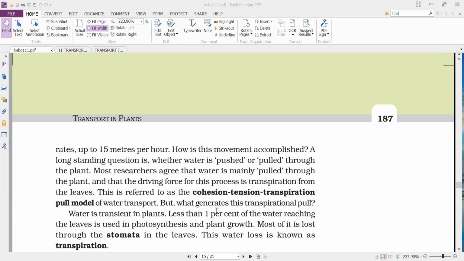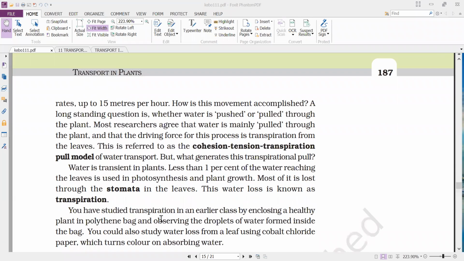But what generates this transpirational pull? That is cohesion tension. That means some cohesion is there and some tension will be developed because of the transpirational pull.